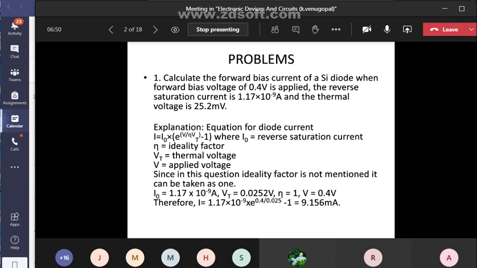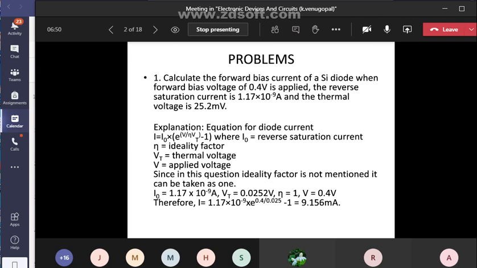Here eta equal to 1, the reverse saturation current I naught is 1.17 × 10^-9 amperes, the thermal voltage Vt is 0.0252 volts, and the applied voltage V is 0.4 volts.